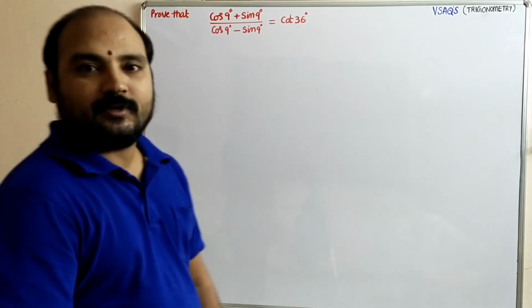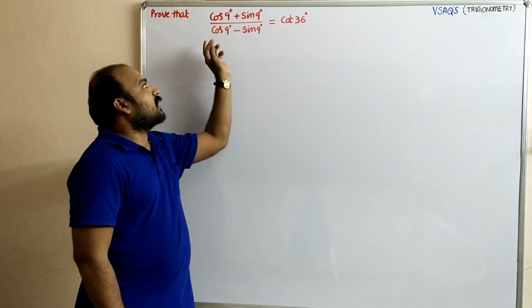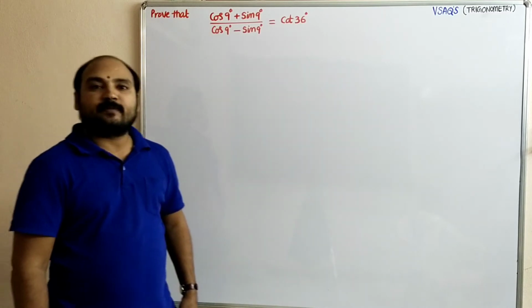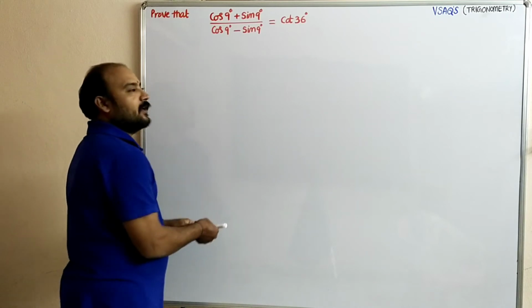The next question. Prove that cos 9 degrees plus sin 9 degrees by cos 9 degrees minus sin 9 degrees equal to cot 36 degrees. So consider LHS.